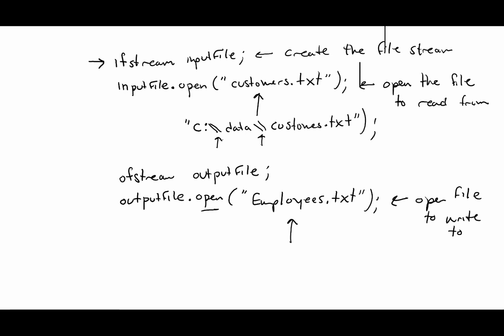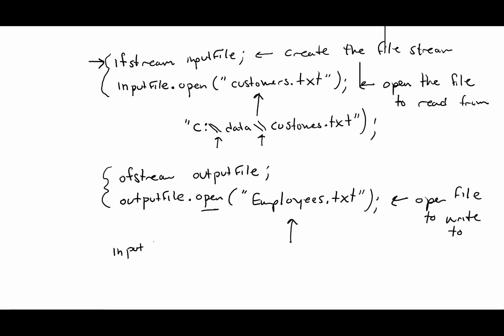And then, so this one is if we want to open a file and read from the file. This one is if we want to open a file and output to a file. So with both of these we're opening a file, and after we're done using that file, we want to close the file. So let's say we want to close this first one.